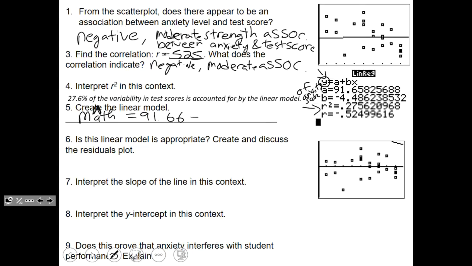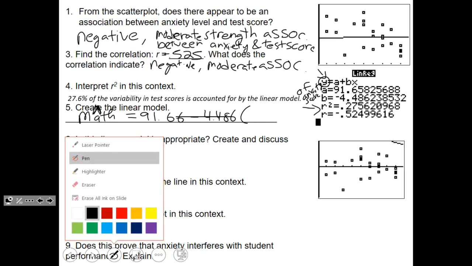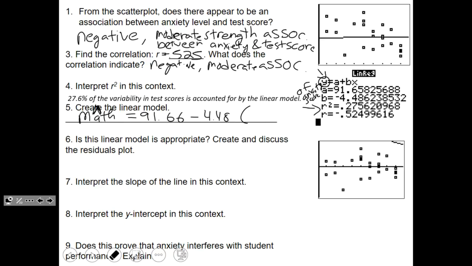That's a negative, so I can just put that in, 4.486, times anxiety. And that's my linear model. It's my model of anxiety scores to get predicted math scores.